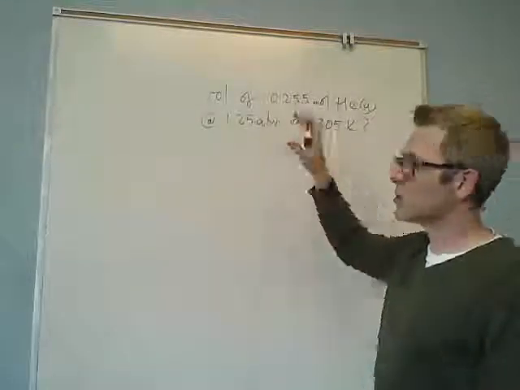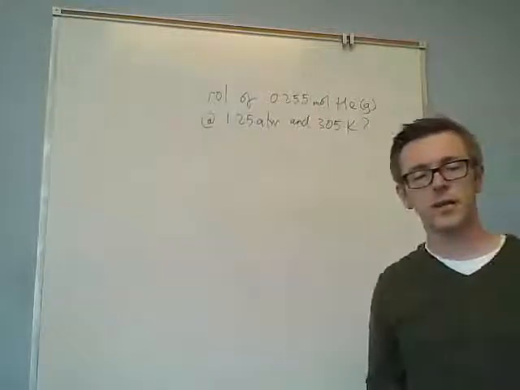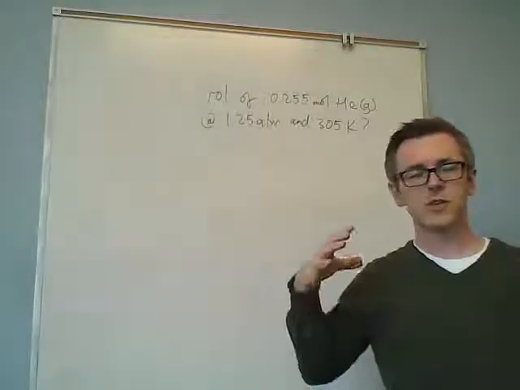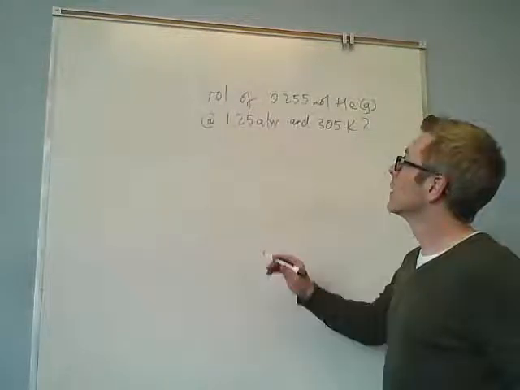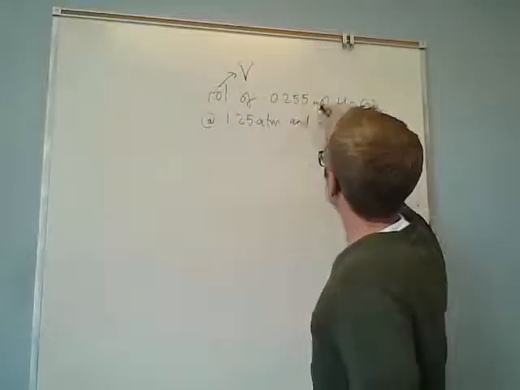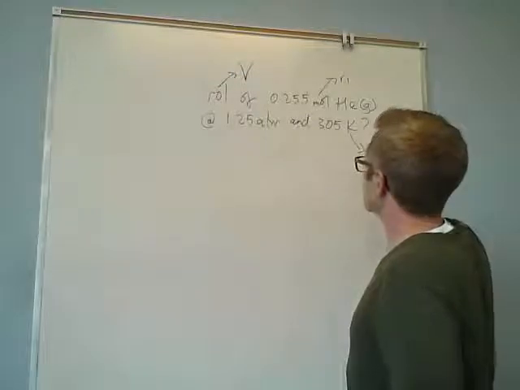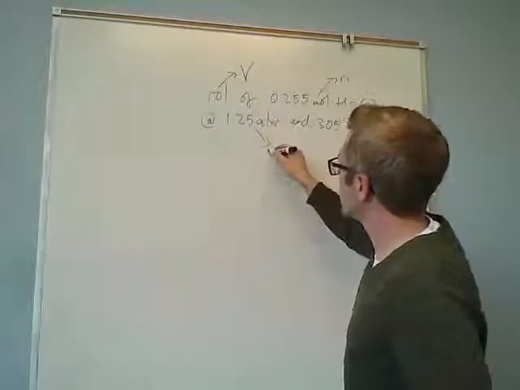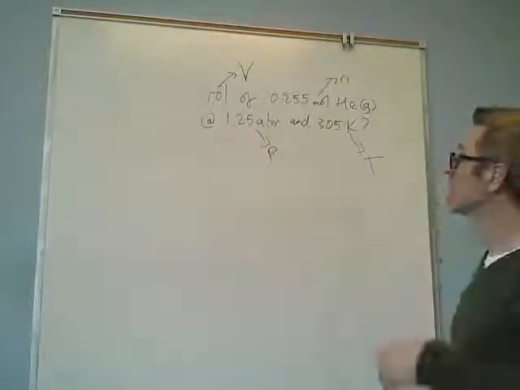Okay, how would you know this is an ideal gas law type question? Notice there's no initial and final conditions. You just ask for a snapshot. What's this value at this instant in time? You have a volume, V, moles, n, temperature, T, pressure, P. I provide R, so you always have R given to you.